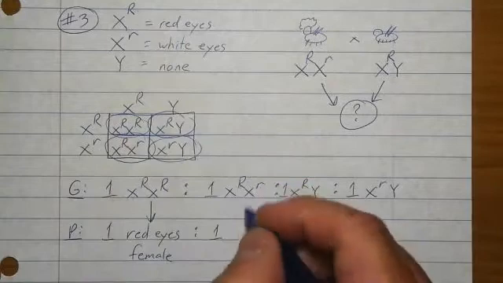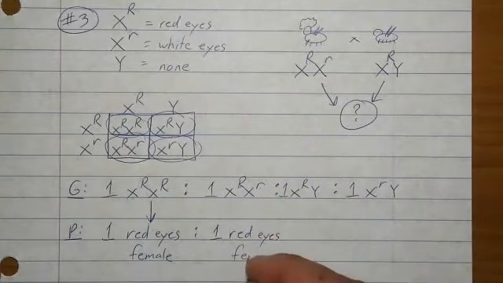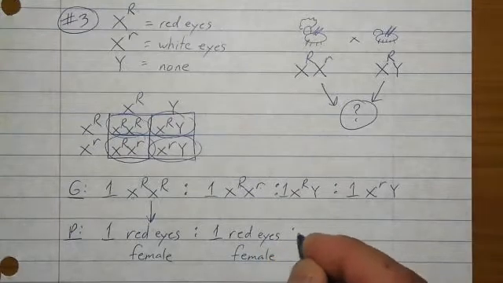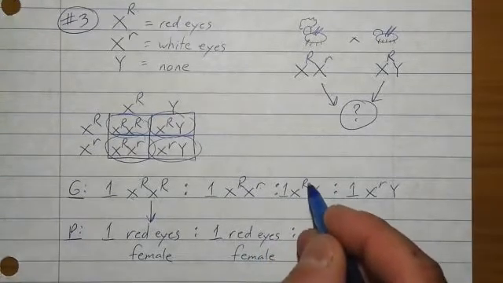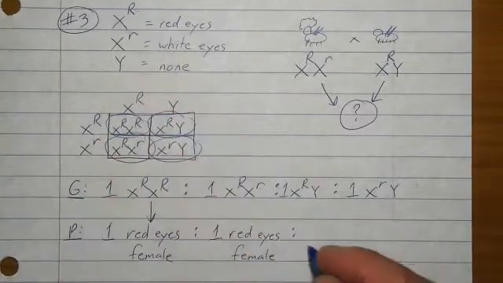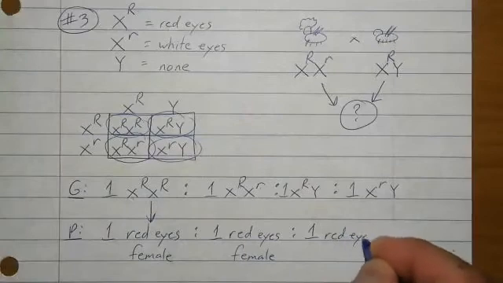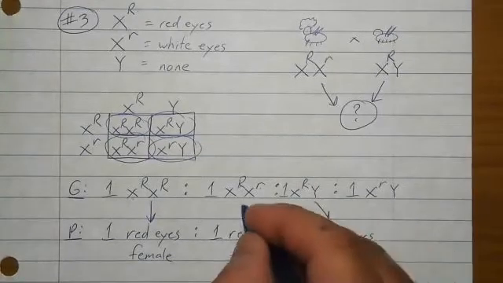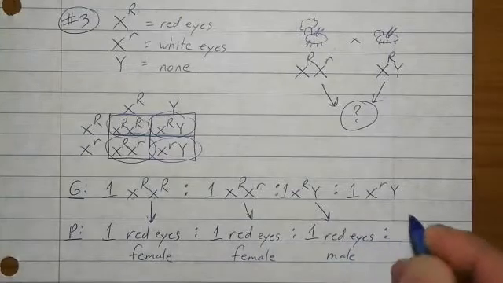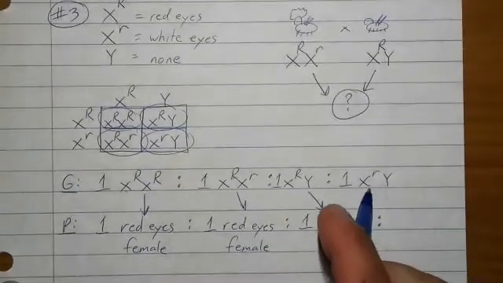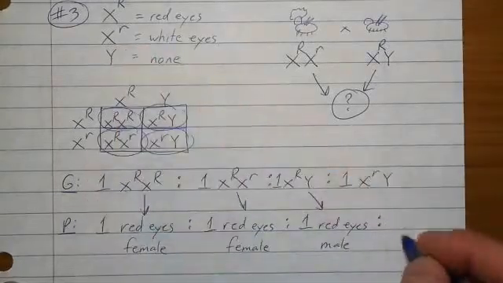Capital is for red eyes, so red eyes, female. Here, it's a male, so there's only one copy, which is capital. Capital is red eyes, so I have one red eyes male. And X to the lowercase and a Y, so the lowercase is what wins, so I get white.